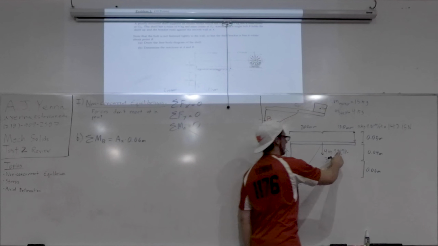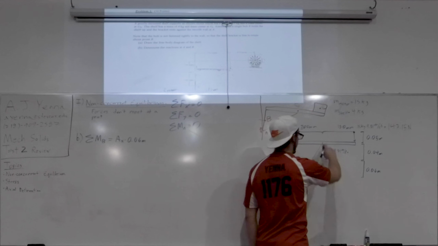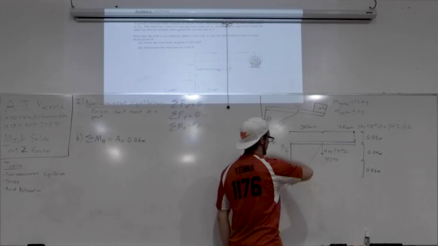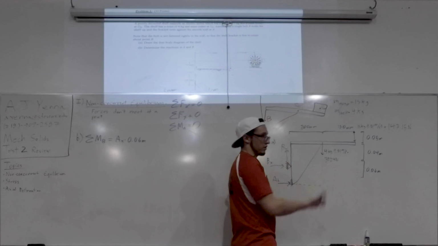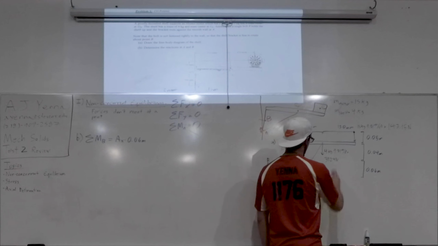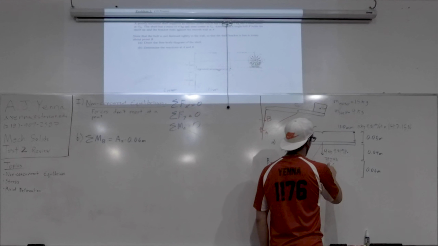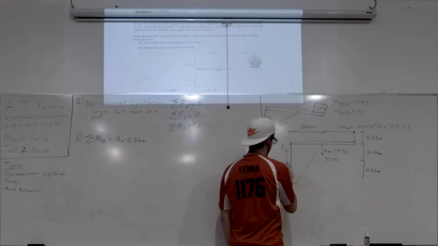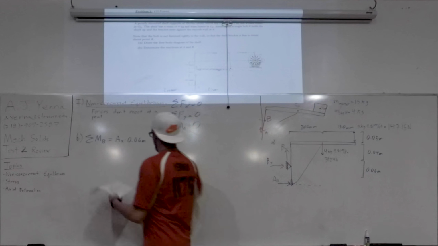Minus 4 kilograms times 9.81 meters per second squared, because it's negative since it's going clockwise, just the positive negative sign of moments. So it's negative 39.24 newtons times the distance between that line of action and point B, which is 0.2 meters.